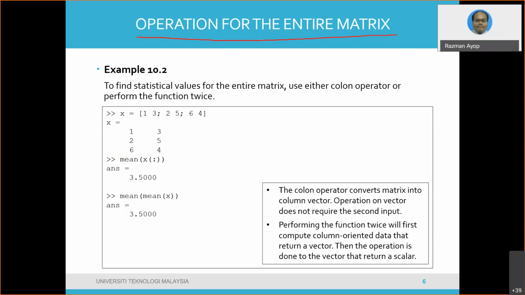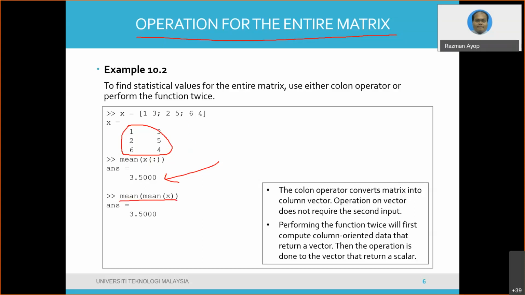Basically you just put open bracket, double dot, and then close bracket. MATLAB will then analyze all the data. It will add everything and then divide by 6. Another way is you use mean and mean.